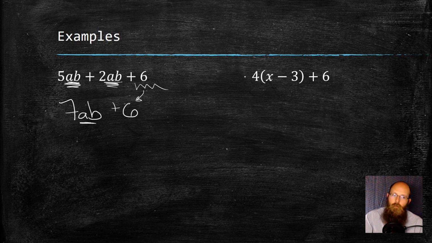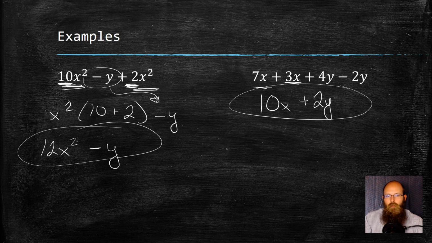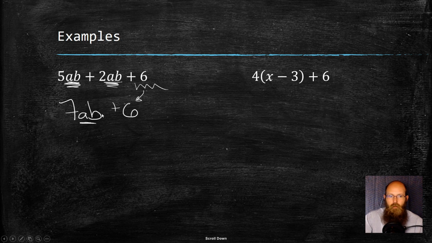Now the one on the right, this one looks a little bit different. If you notice, actually, it's kind of reversed of what we did here, right? In this chunk, we went through and we combined those two things. But let's distribute that 4 in first. Right, so I'm distributing that 4, multiplying that 4 to everything in the parentheses. So 4 times x gets me 4x. 4 times negative 3 gets me a negative 12.